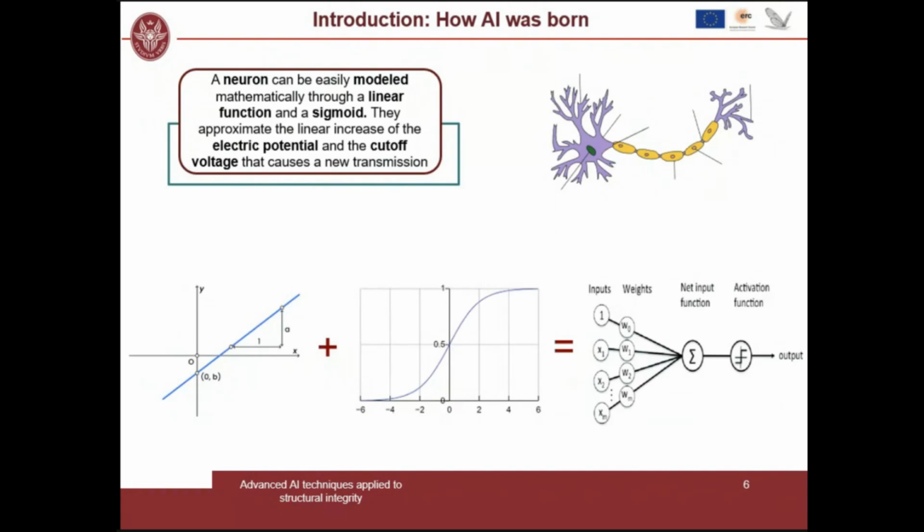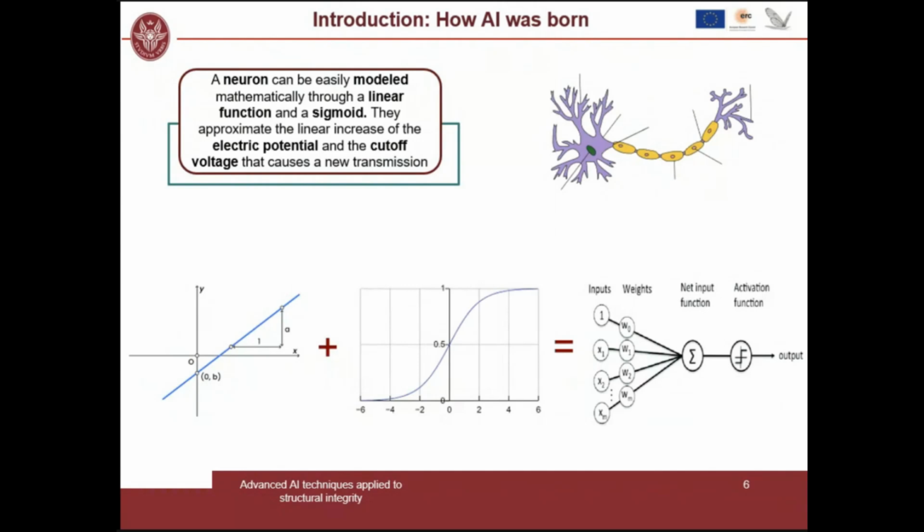If we think about neurons and the dendrites, to which the electric signals come, once a signal arrives into the neuron, we have an ion that is traveling towards the neuron. So we have a linear increase, we could approximate it as a linear increase of electric potential. So essentially, we have a linear slope. And after a while, after we reach a value, the neuron fires towards other neurons.